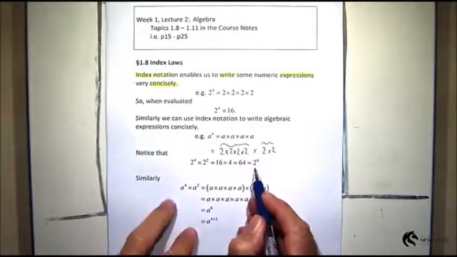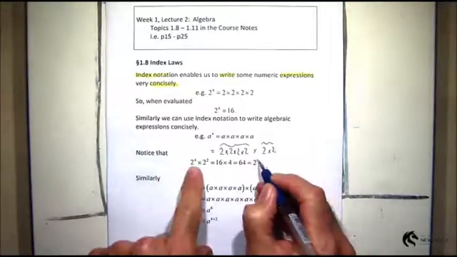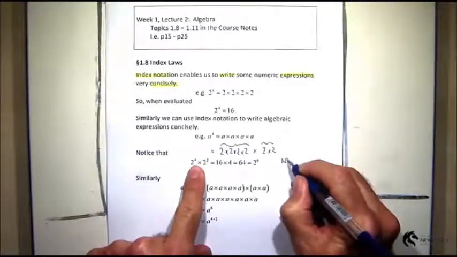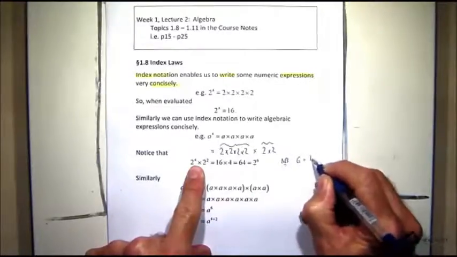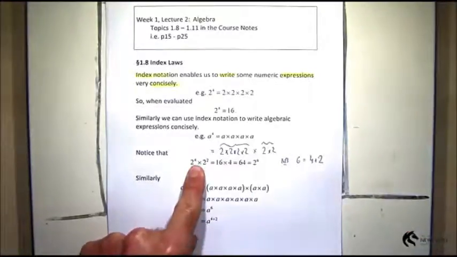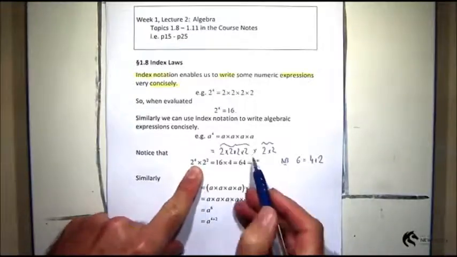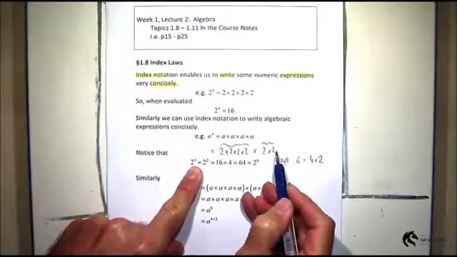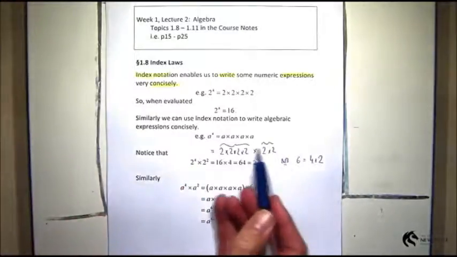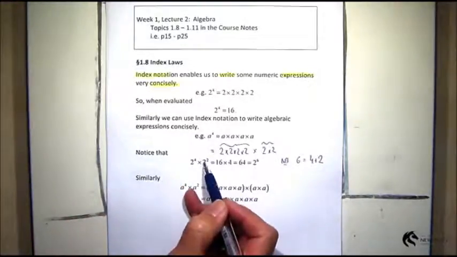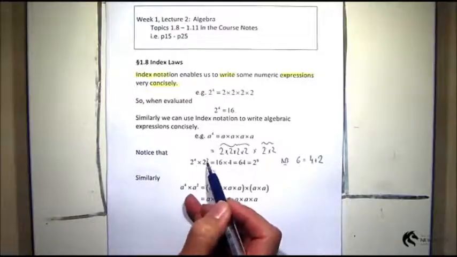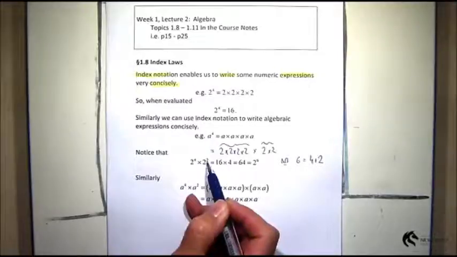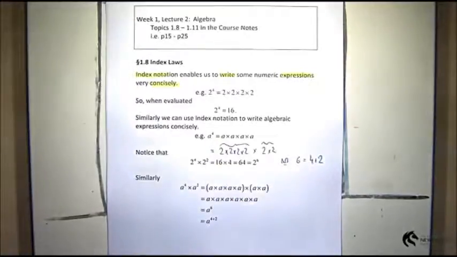So clearly in here, that power, note, 6 is equal to 4 plus 2. I've got 2 to the power 6 here because I had 4 of them there and 2 2's there. So to multiply two numbers with the same base, add the indices, is the arithmetic idea that we have here.